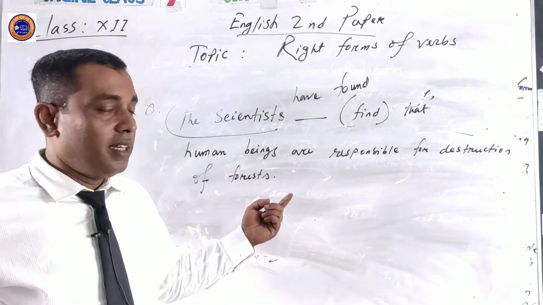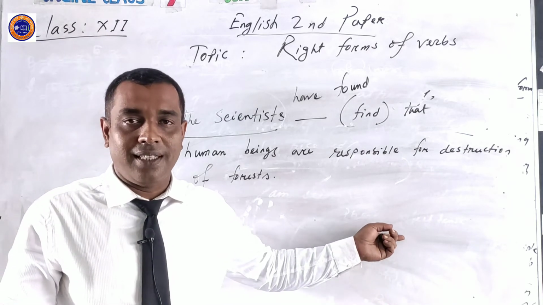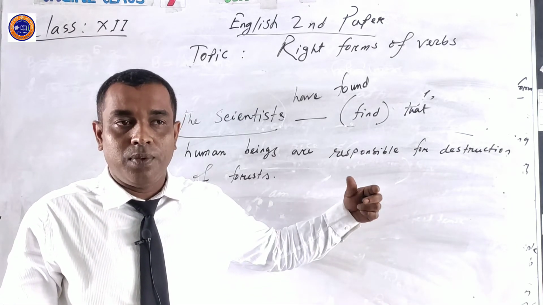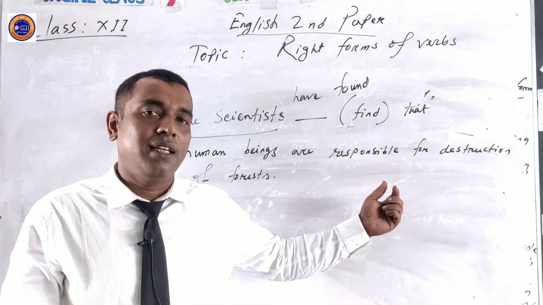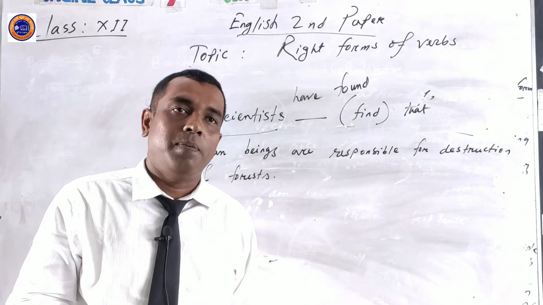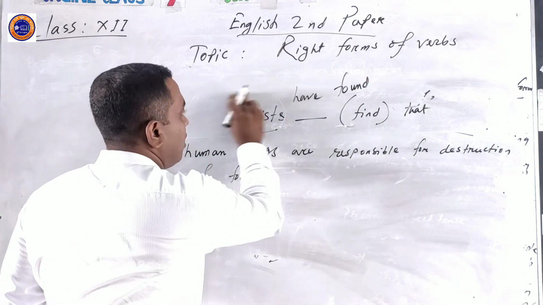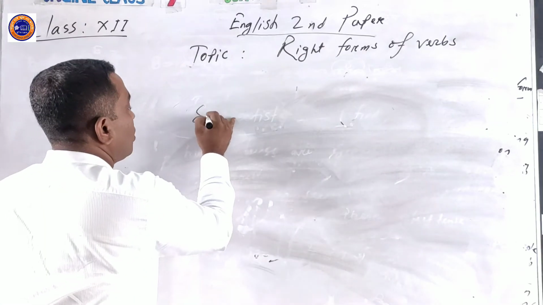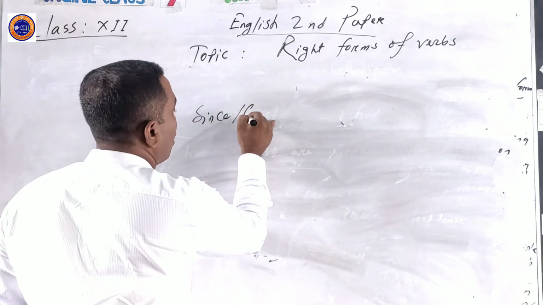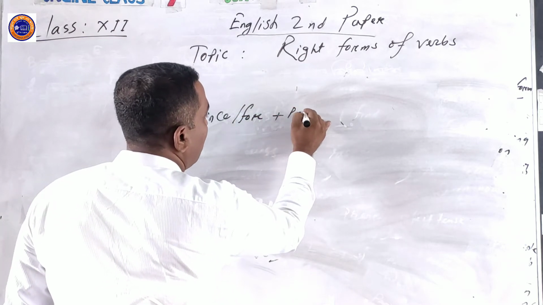And we have discussed the structure of present perfect tense in rule number 7, that is subject plus have or has plus past participle form of the verb. So I am going to explain rule number 9, since or for plus period of time.